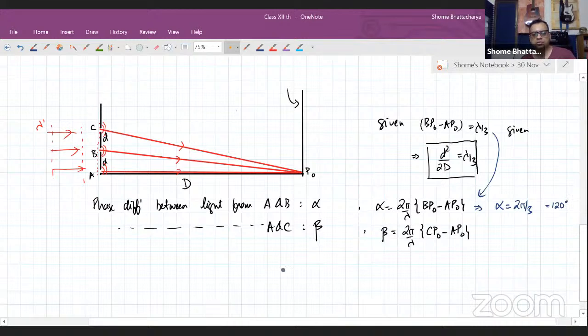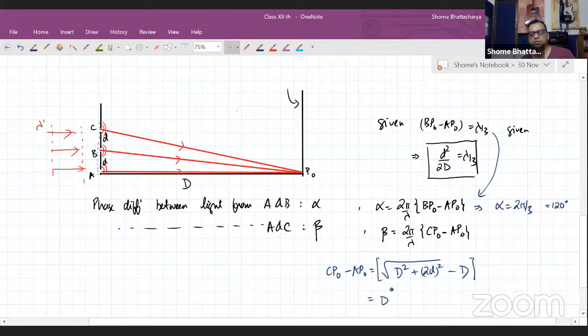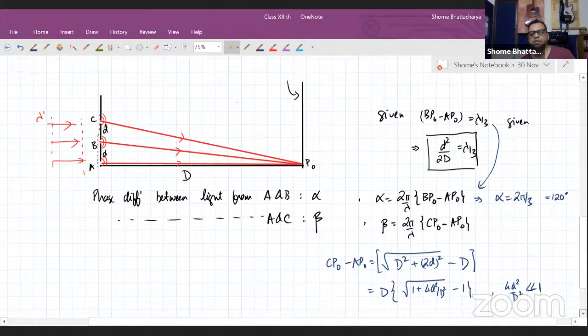Now let's find out what this is. Similarly, Cp naught minus Ap naught is square root of capital D square plus 2d whole square minus D. Same treatment we will do. We'll take the capital D outside. So this becomes square root of 1 plus 4d square by D square minus 1. Now 4d square by D square is still very small compared to 1 because capital D was very large compared to small d.